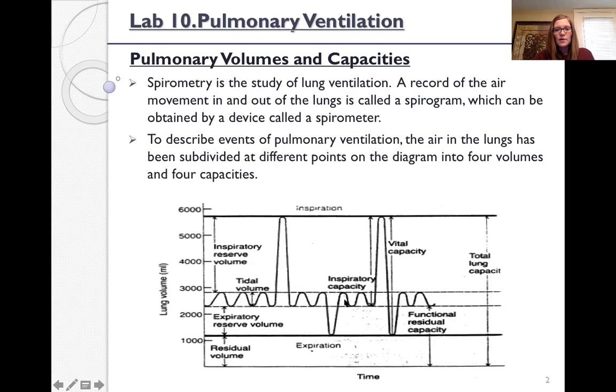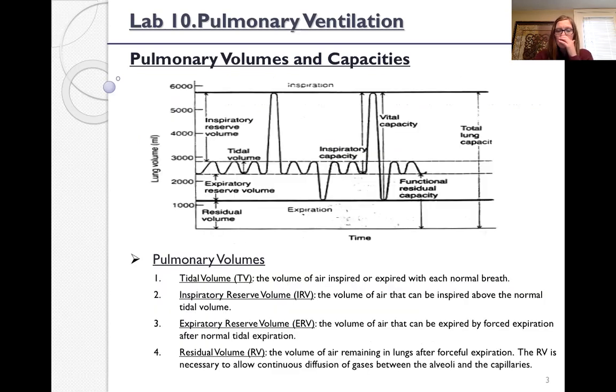Depending on your activity, the volume of air you're taking in will vary. So if we're looking at volumes, the first thing is the tidal volume, because that's the normal amount of air that you take in and out as you're breathing. It'll come into play when we're trying to find capacities later.